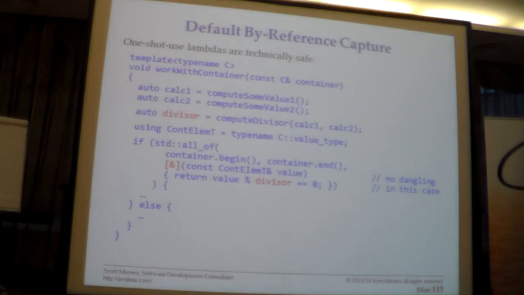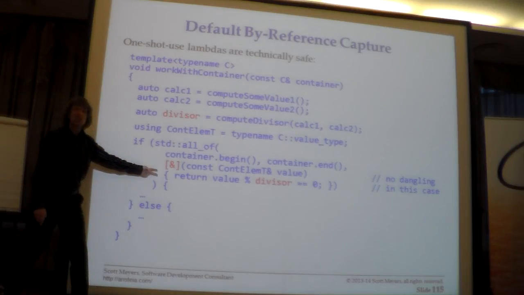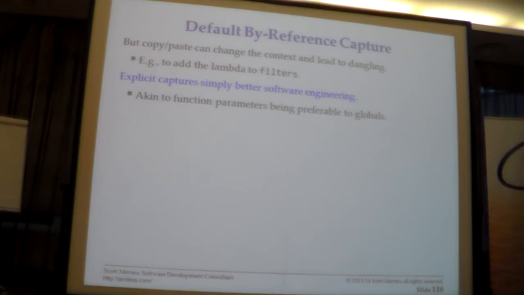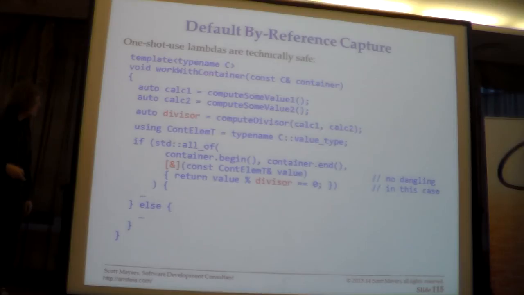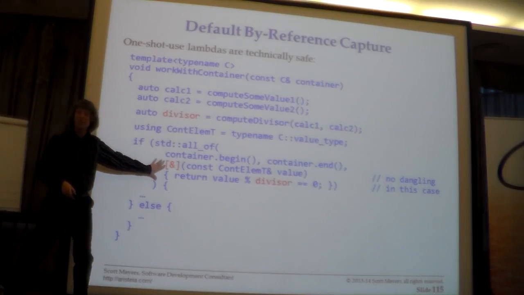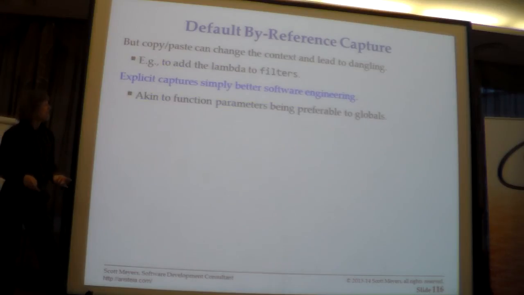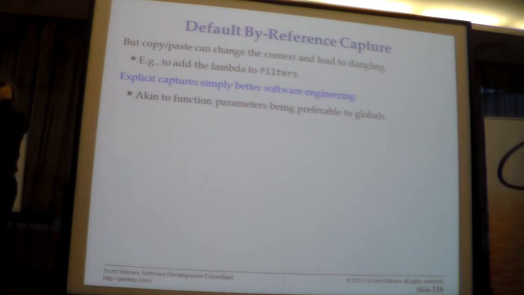The problem is, let's suppose you look at this code and you go, you know, that filter does exactly what I want. So what I want to do is add the lambda to filters. If I were to take this code here and do a copy and paste and add it to the filters function, that would take us back to the situation where I had a dangling pointer. My belief is that explicit captures are simply better software engineering.